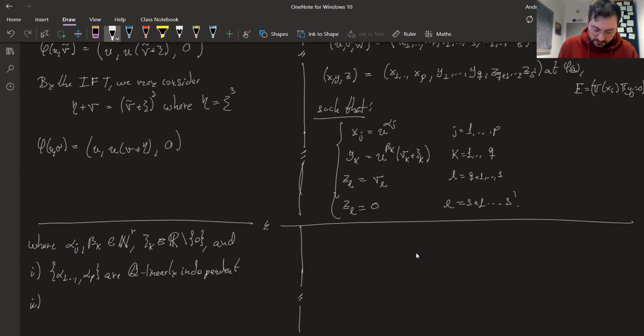And I'm going to write a second before explaining the first. I also want the beta_k to be, in the set of rational numbers Q, linearly dependent with the alphas.